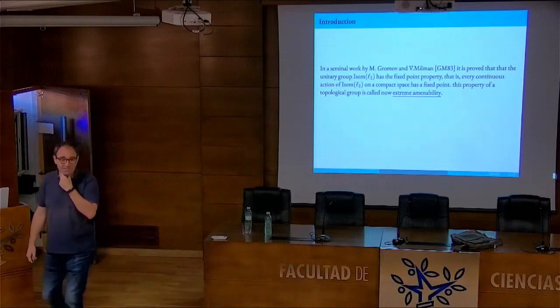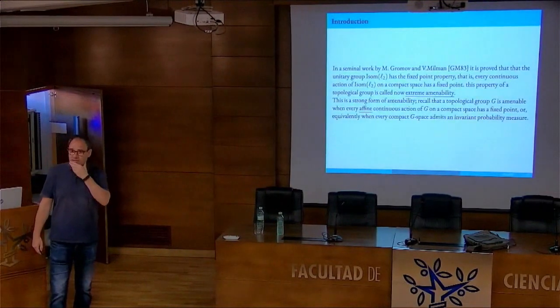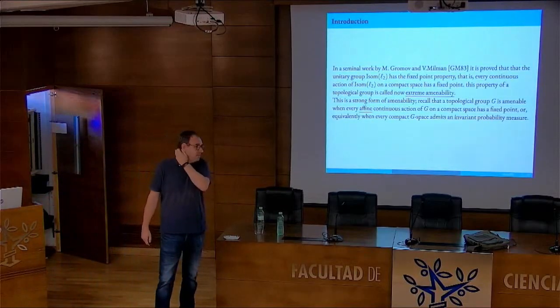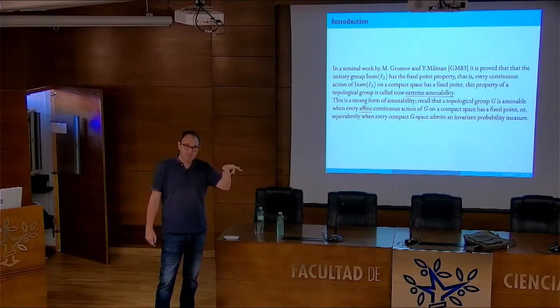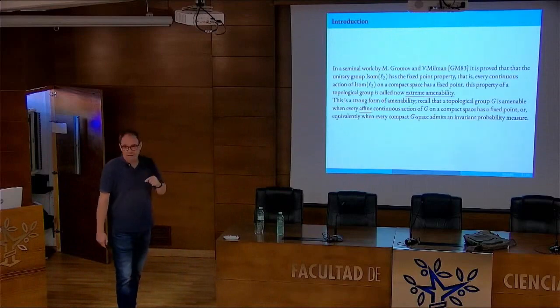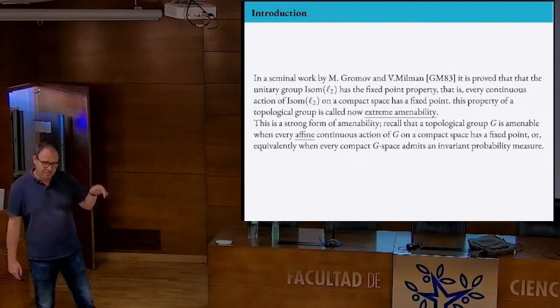Extreme amenability is a strong form of amenability, as you might imagine, of topological amenability, right? So actions are continuous, the group is topological all the time. Topological amenability has several different definitions.